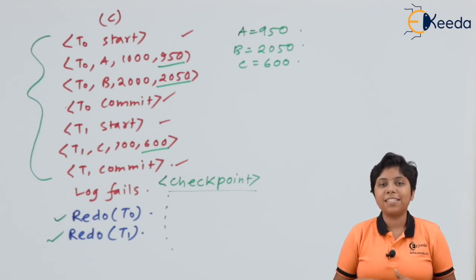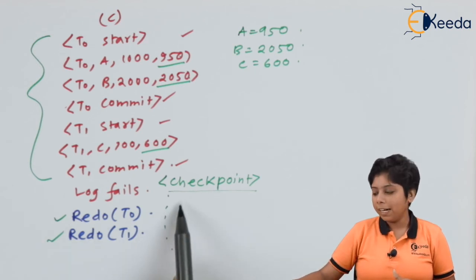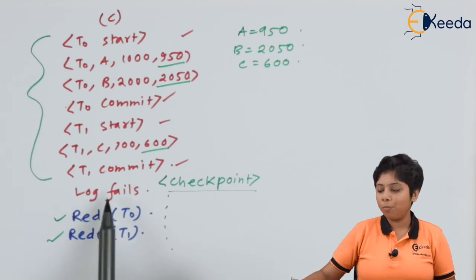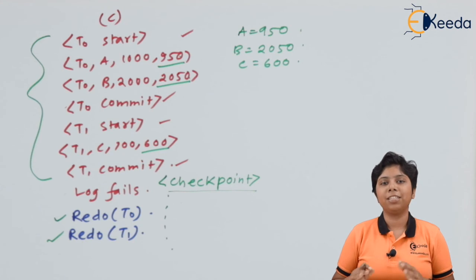In the second situation, after we have made a checkpoint here and there is a failure after this checkpoint, we do not need to perform the redo operation on transactions T0 and T1, as they have been checkpointed on the log and the values are already updated in the database. That means there will be no problem in this log after T0 and T1 have completed their values.